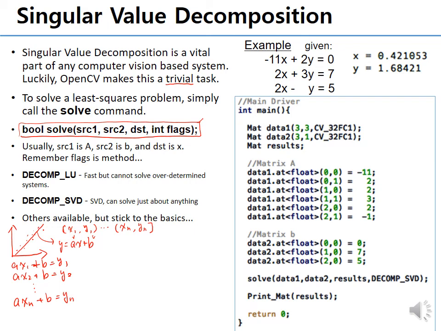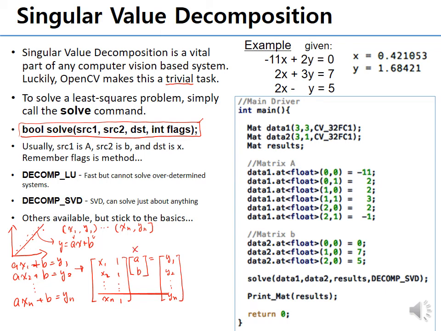So you can turn it into the matrix form: x1, x2, xn, and 1, 1, 1. Here are a and b. These two are unknown, and y1, y2, yn.